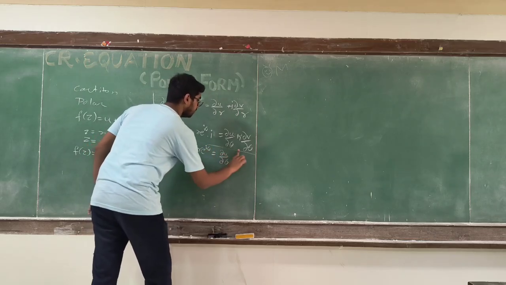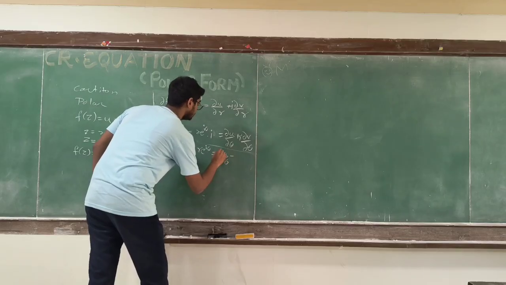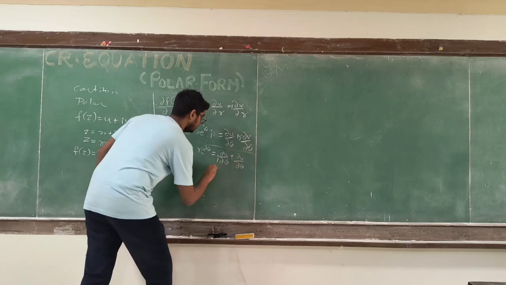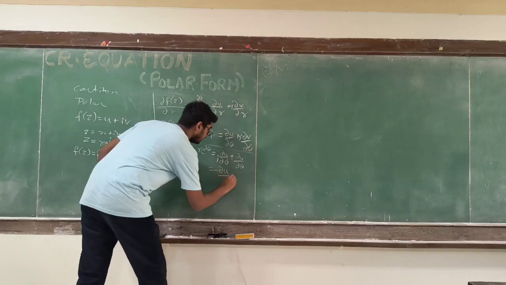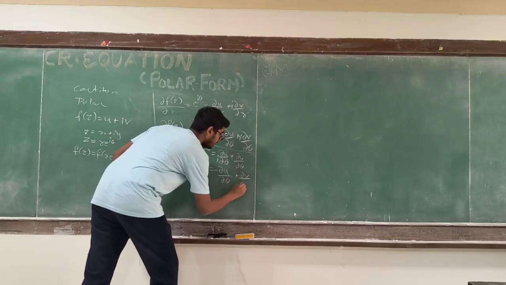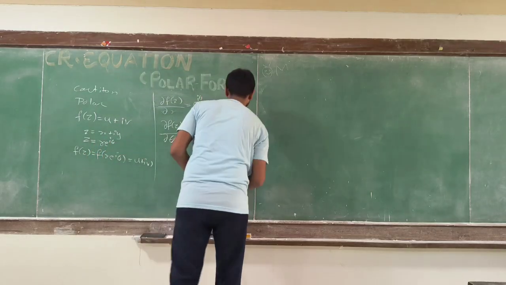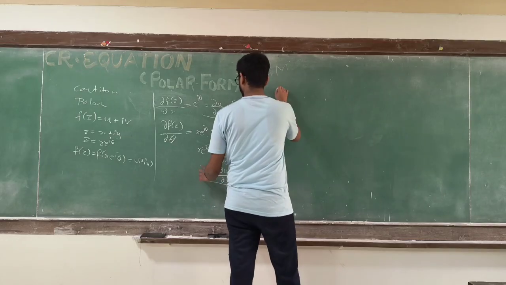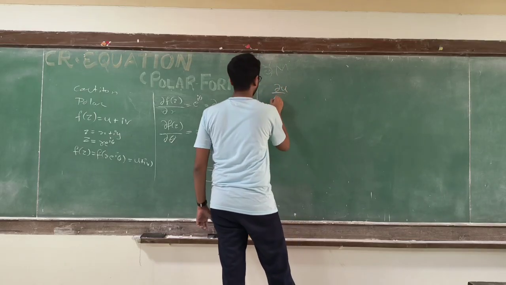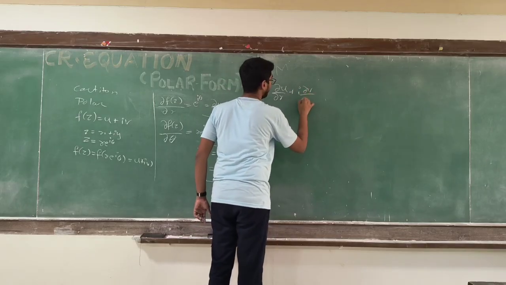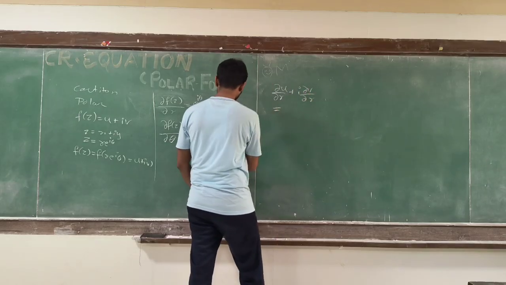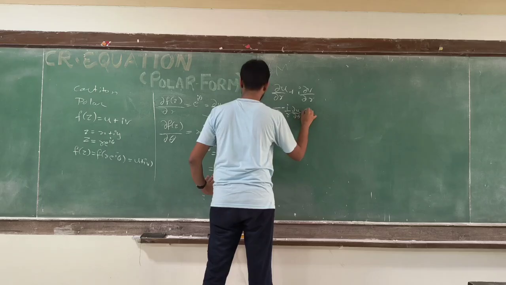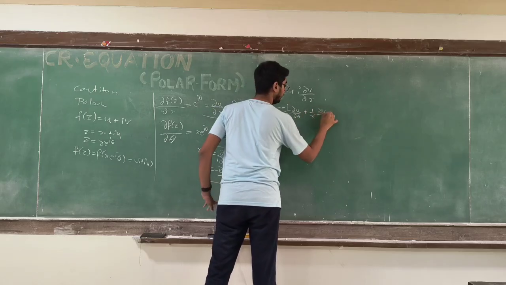Simplifying this term by del theta, comparing this form with this form, you will get del u by del r plus i del v by del r equals minus i upon r del u by del theta plus 1 upon r del v by del theta.